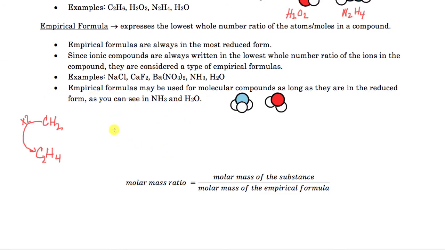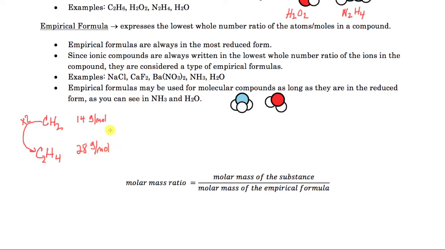Let's say we take this carbon, which has a mass of 12. I'm just roughly rounding these numbers, nothing specific here, just to show you the example. And each hydrogen is 2. So that's going to give me a molar mass of 14 grams per mole. If I know that my formula has twice as many carbons and twice as many hydrogens, wouldn't it make sense that my formula mass would be twice as massive?